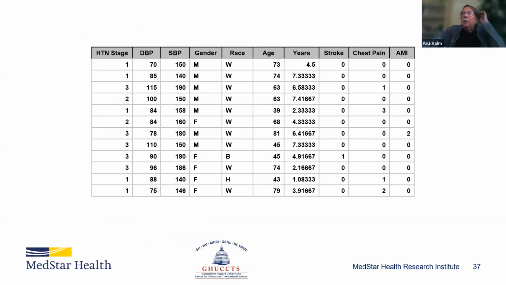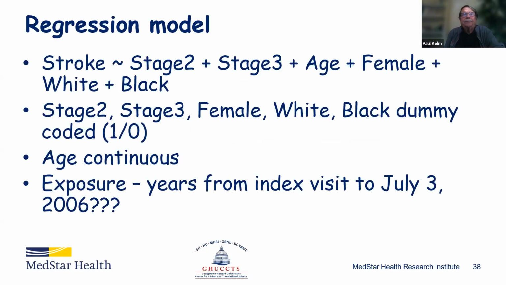And then what we're going to look at are different cardiovascular outcomes. I'm just going to focus on stroke, chest pain, and then acute myocardial infarction. And that's going to be the counts for any one individual patient that they've had in their exposure time or their follow-up time.